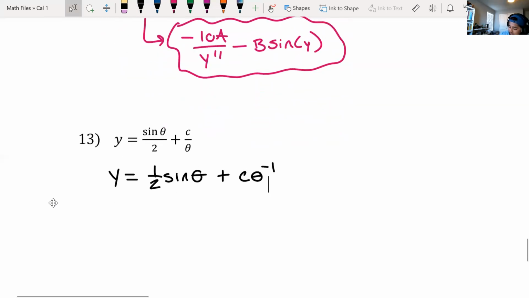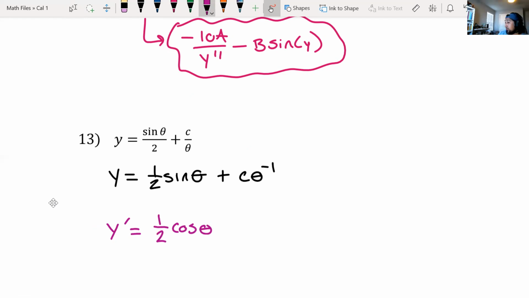Okay. And now our derivative, I'm just going to say y prime this time. What is the derivative of 1/2 sine theta? 1/2 cosine theta. There you go.